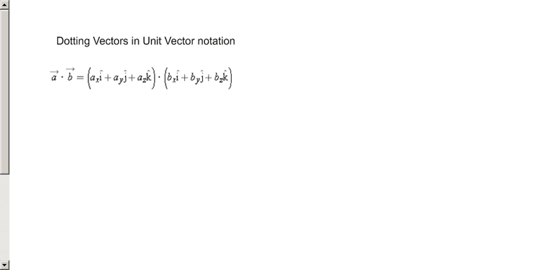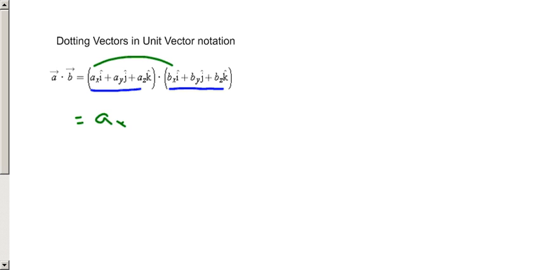So therefore, if we think about writing A and B in terms of their components, and we talk about dotting, let's do this. We can distribute. We can multiply across.